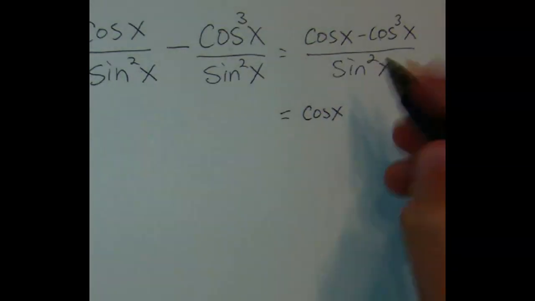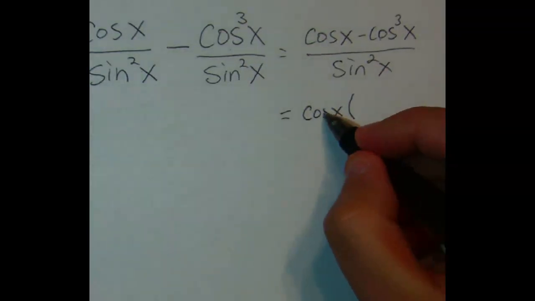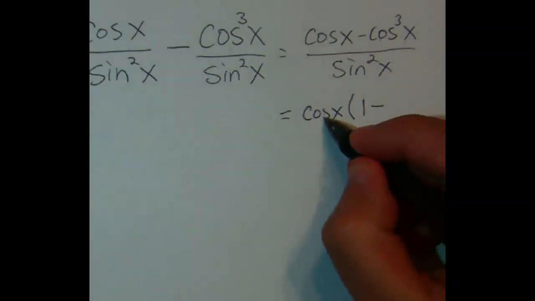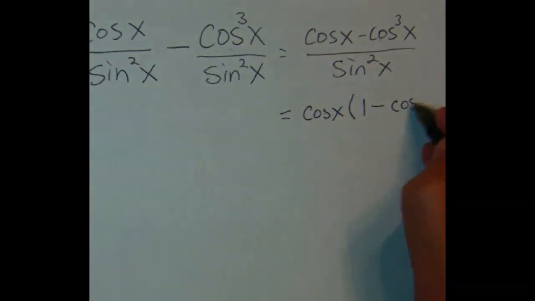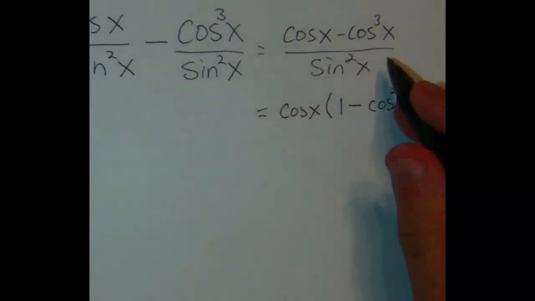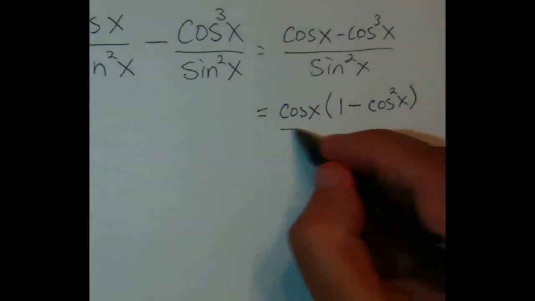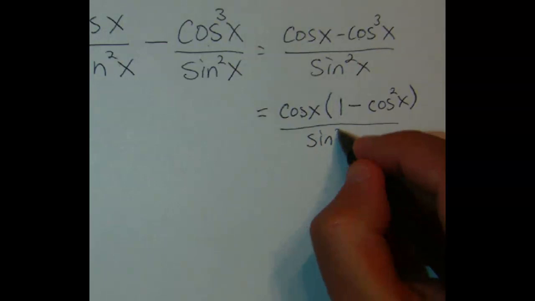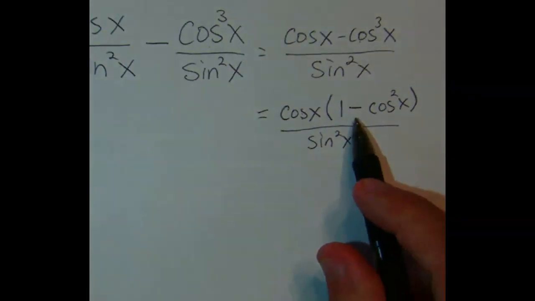Now when I factor out a cosine x, cosine x times what is cosine x? That's 1. And cosine x times cosine squared x will give you cosine cubed x. This is all over sine squared x. Now if you notice, 1 minus cosine squared x is one of our identities.